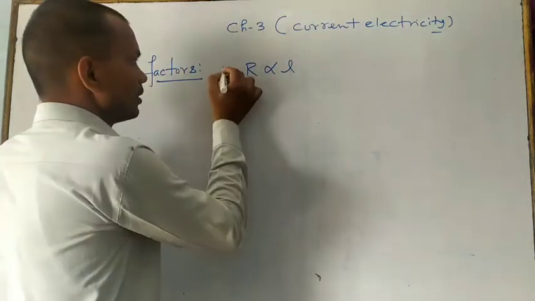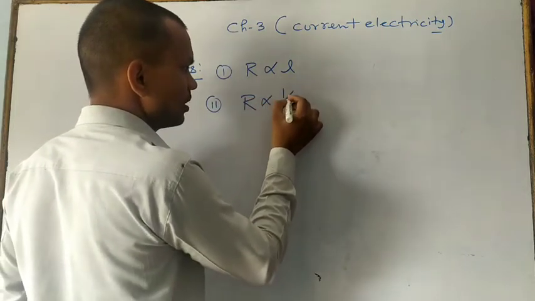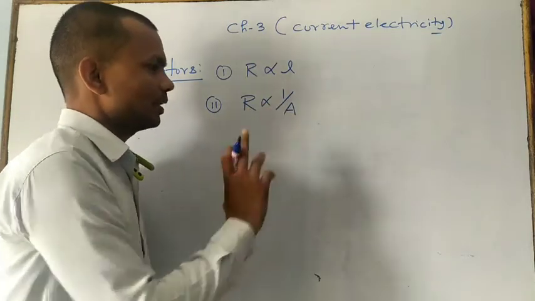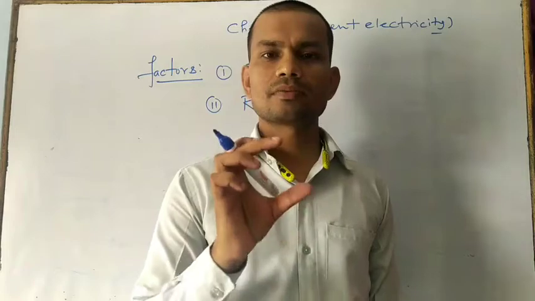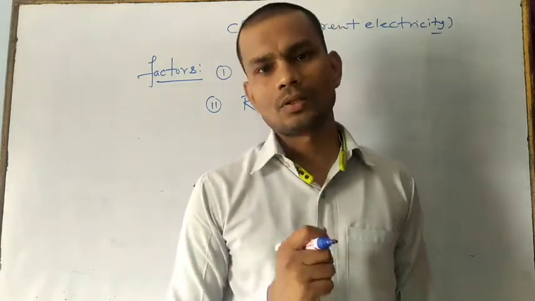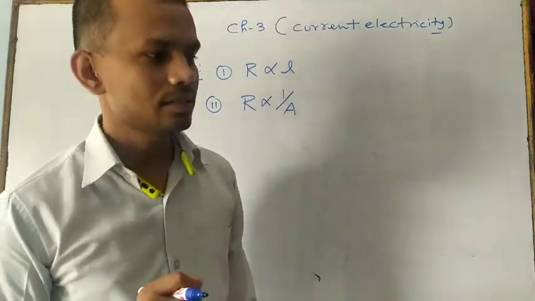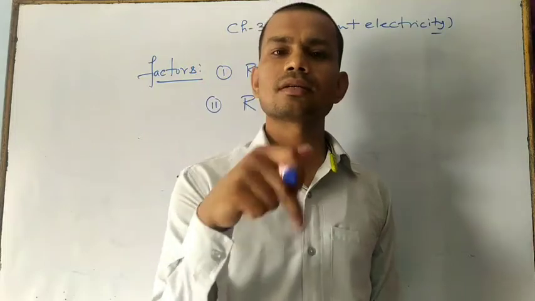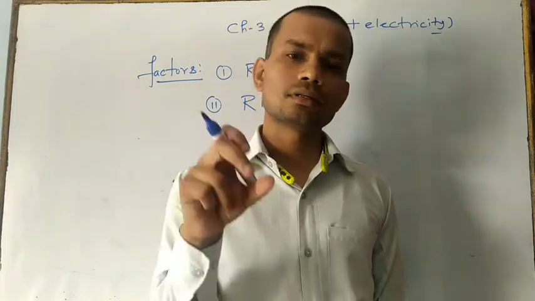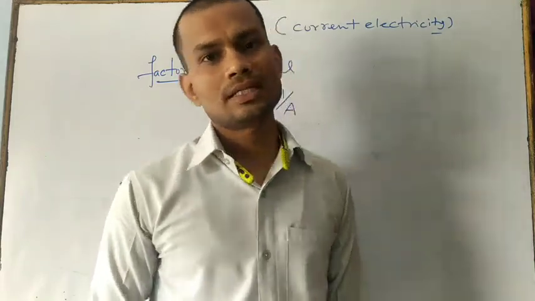Right? First one. Second one, the resistance of a conductor is inversely proportional to the cross-sectional area of the conductor. Means if you are increasing the cross-sectional area of the conductor, the resistance decreases. The reason is that when you are increasing the cross-sectional area, the collision between the metal ions, or between electron and electron, decreases.